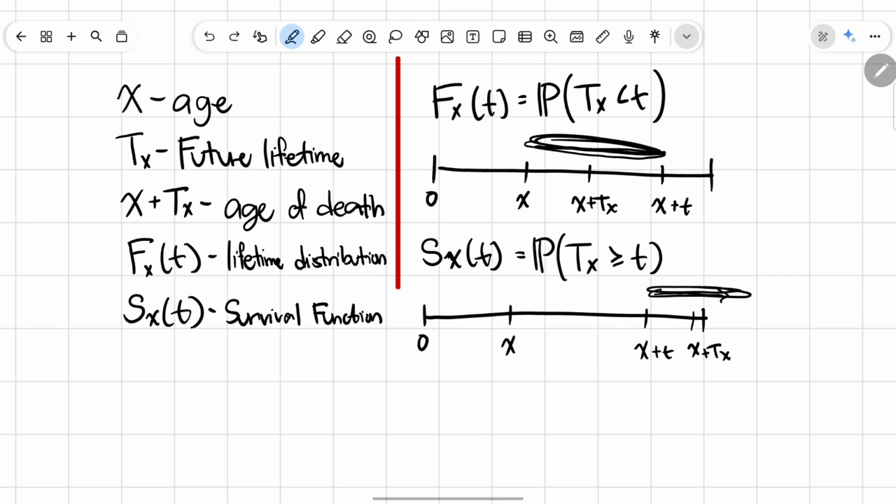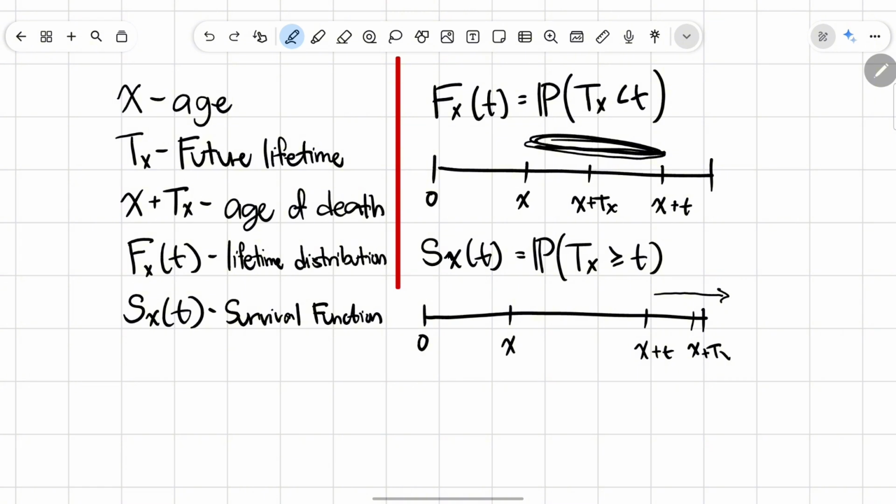Okay, we know that a person age x can only have two outcomes at any time. He can only live or die, right? In this case, at time t, there are only two outcomes.